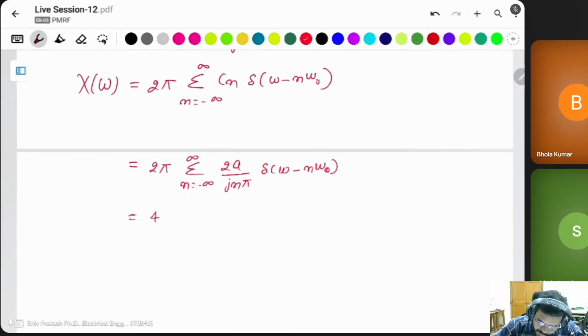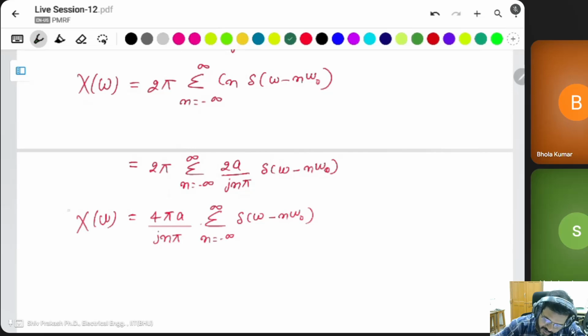This will be 4 pi A divided by j n pi into the summation of n from minus infinity to plus infinity of delta(omega minus n omega naught). This is the Fourier transform of this function, the periodic function.